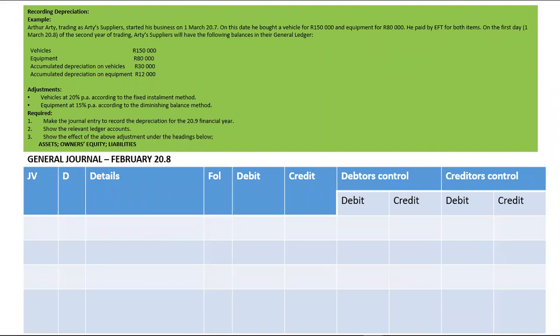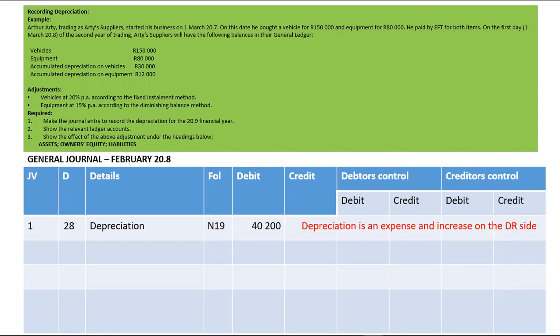The total depreciation will be that 30,000 plus 10,200, which will give you 40,200. So depreciation for the current year, which is depreciation on both equipment and vehicles, will simply be 40,200. Depreciation increases on the debit side, as I've said.